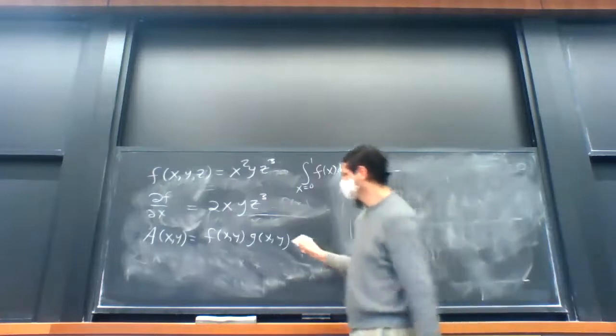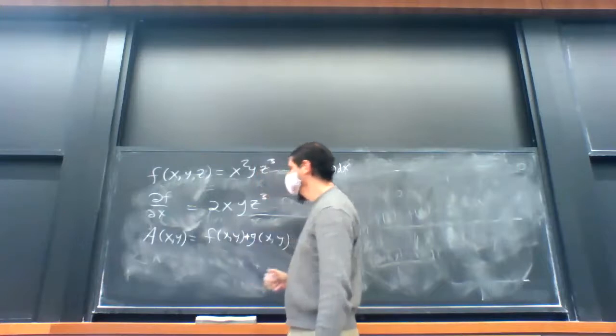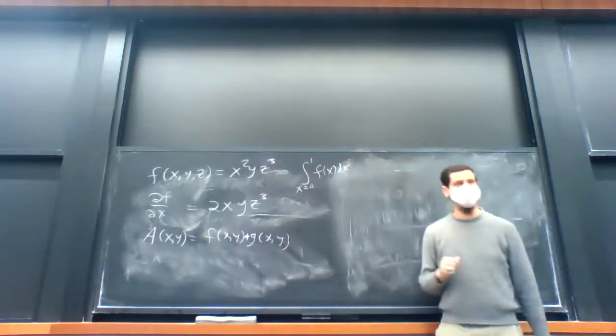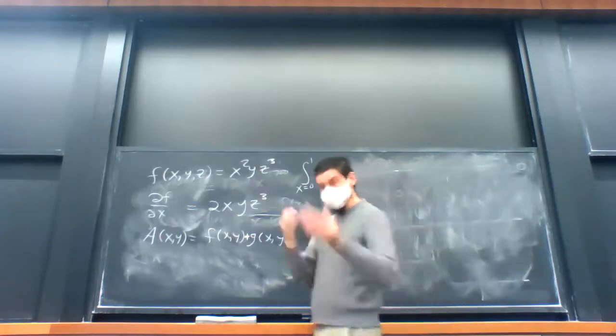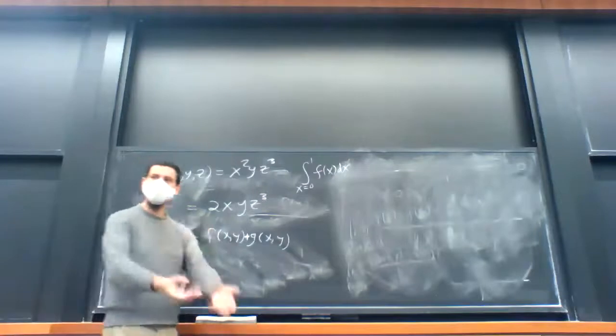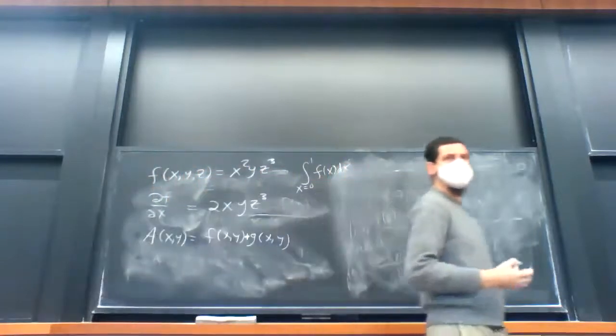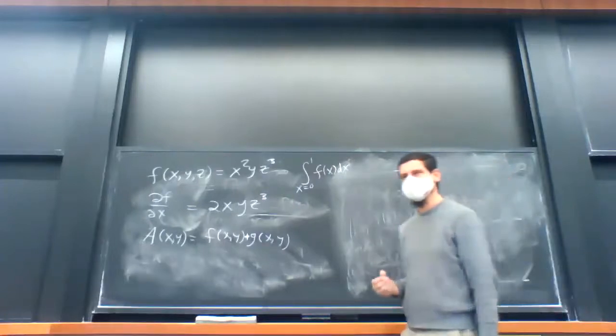What would be an easier thing to start? The sum. So let's put a plus sign over here and make this the sum. So what do you think the derivative of the sum would be? The sum of the derivatives. So the derivative of the sum is the sum of the derivatives. The derivative of the difference is the difference of the derivatives. The derivative of a constant multiple is that constant multiple times the derivative.